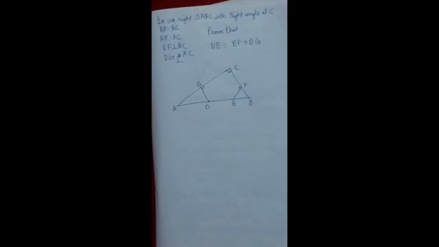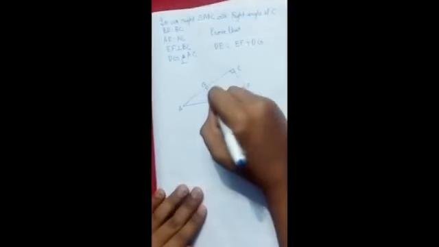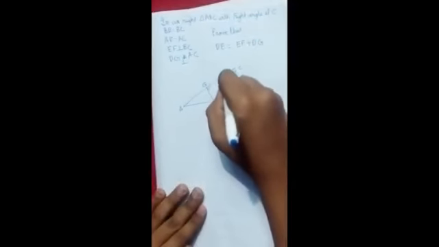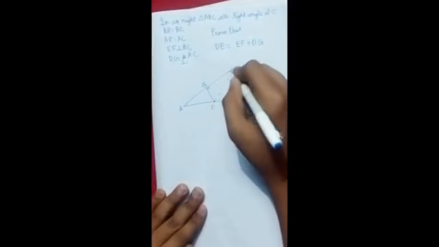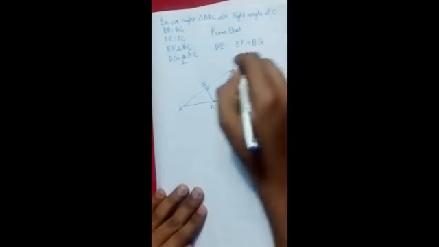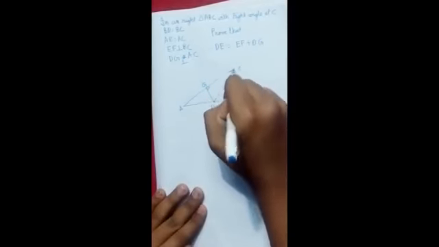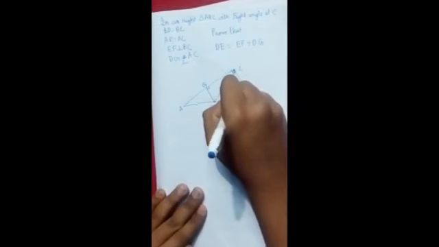I am starting with the solution. There are a few constructions here, like we have to join CD and CE, and then draw a perpendicular here on AB. These three constructions we need to do.